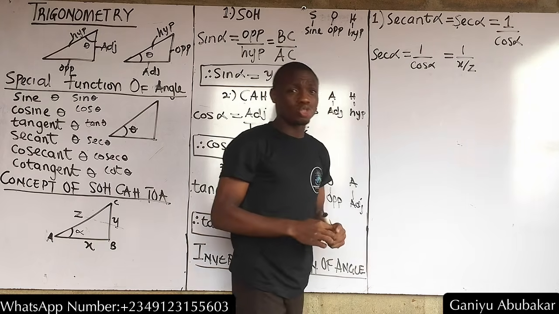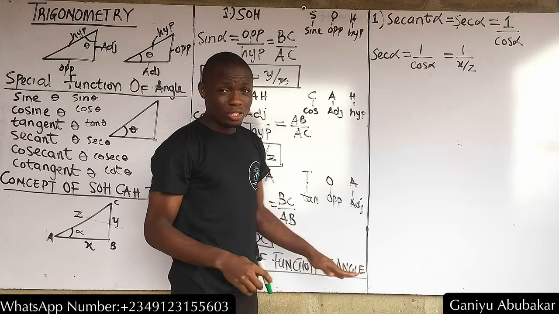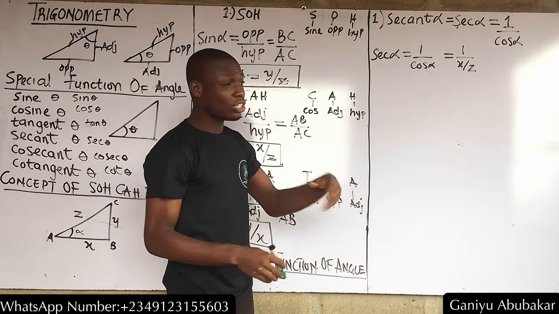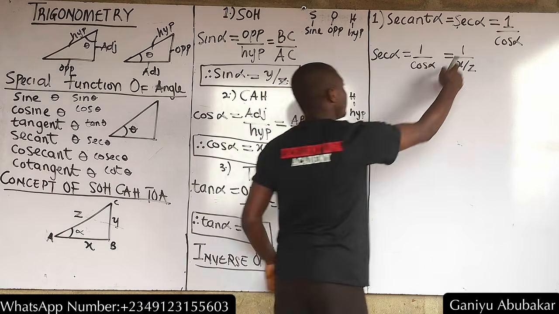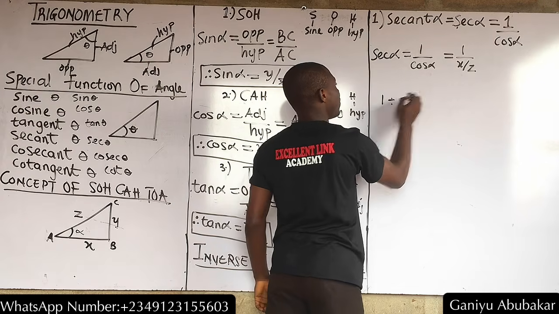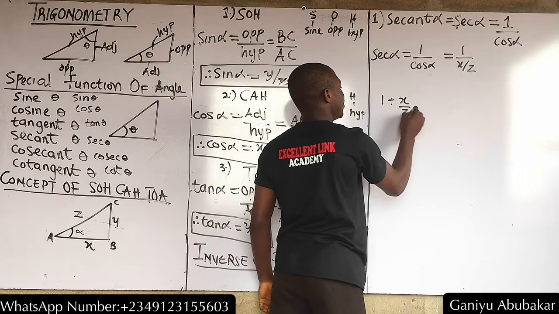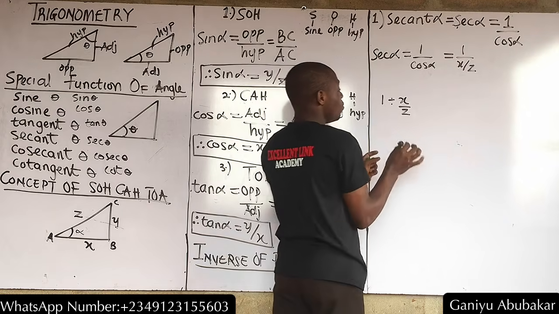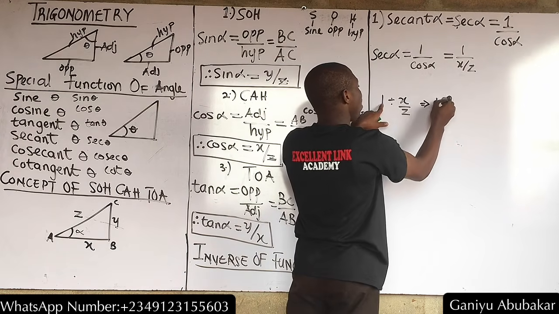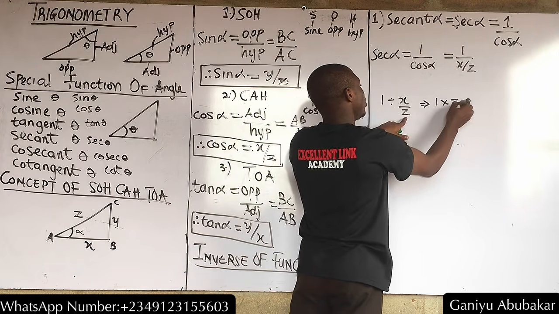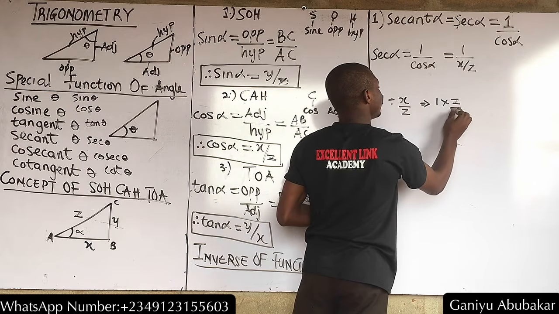I will show you a shortcut which I'll be using throughout now. So instead of using baby maths, I would show you a shortcut. I'm having 1 here divided by x over z. What's the shortcut? What we know before now is that this becomes 1 times this one comes up, this one goes down, right?